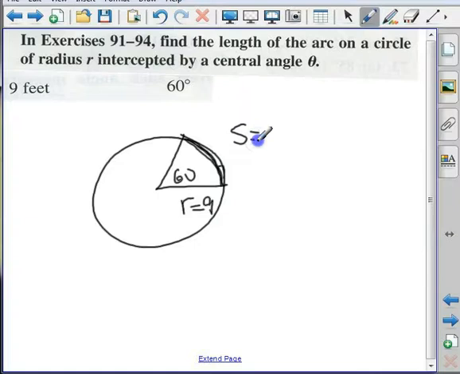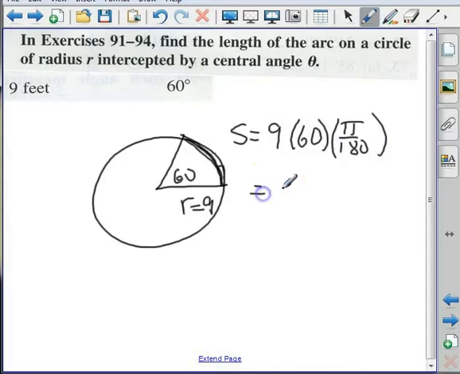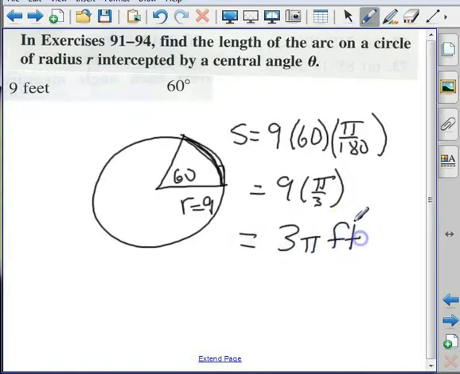Well, S is going to equal 9 feet times 60, and I'm going to convert that to radians, and that ends up being 9 times pi over 3, which ends up giving us 3 pi feet, or about 10 feet. So if I travel 60 degrees along this 18-foot diameter circle, then I will have traveled about 10 feet.